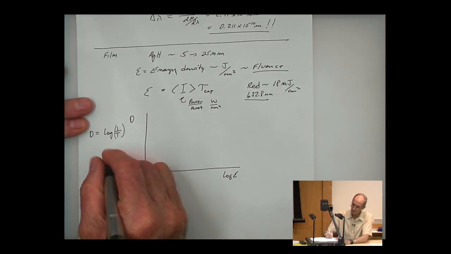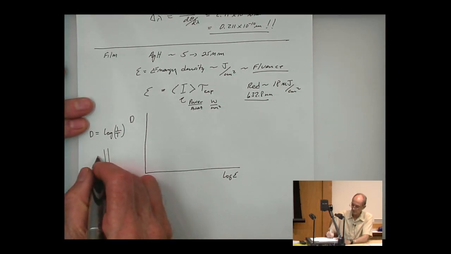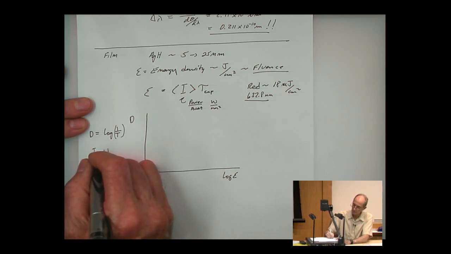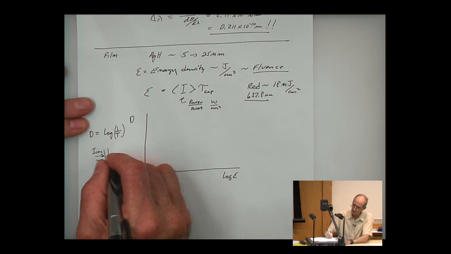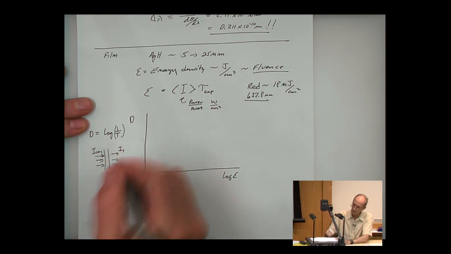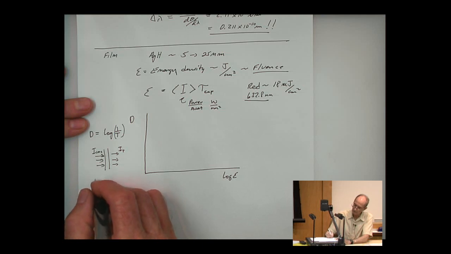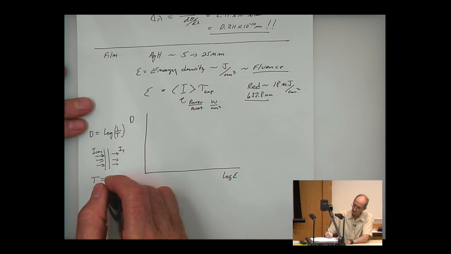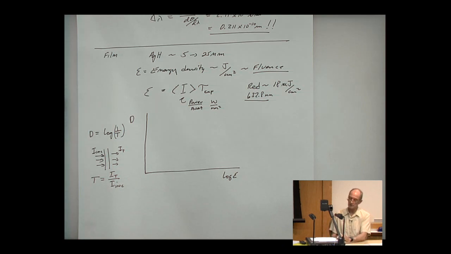So if we have some material and we illuminate it, I incident, we're going to end up with I transmitted. So the intensity transmittance is I transmitted over I incident.